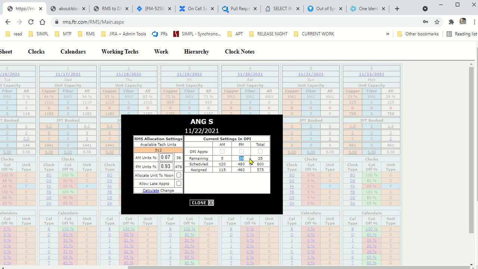Okay. Correct. Yep, and that's because there's been some extra work that came out of the assigned, out of the AM, basically out of the AM and the PM.